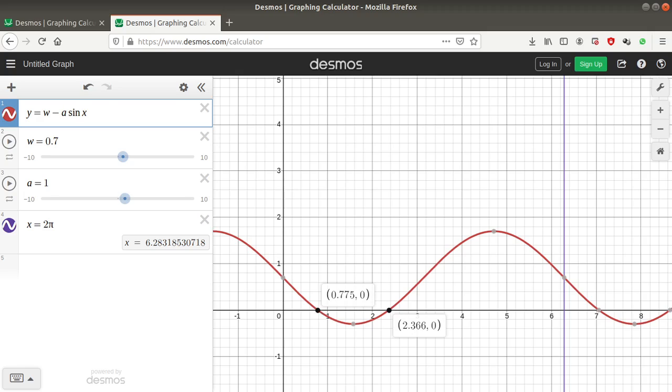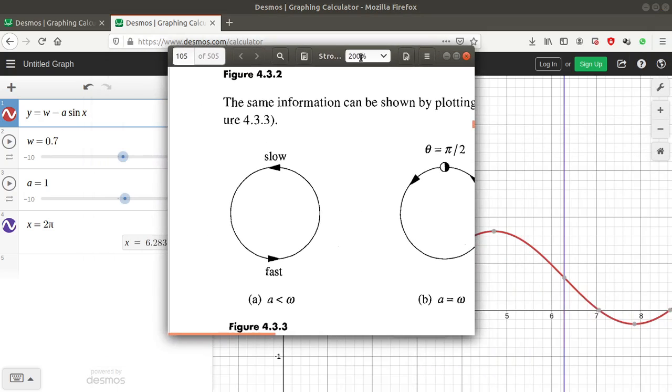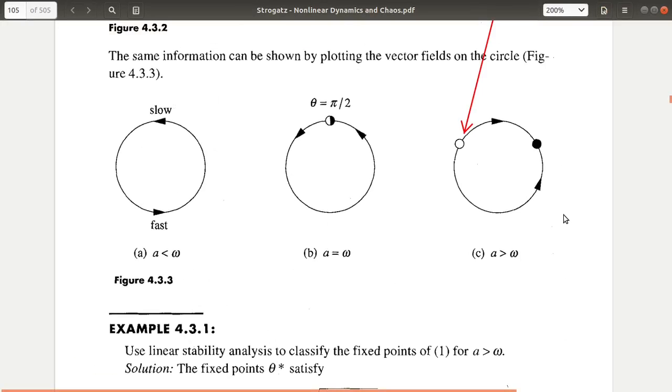If we see the vector field on a circle, it will be in the following manner. This is the circle, and when a is smaller than omega, it will keep on circling. The only thing is that at some places it will go fast, and at other places it will go slow.